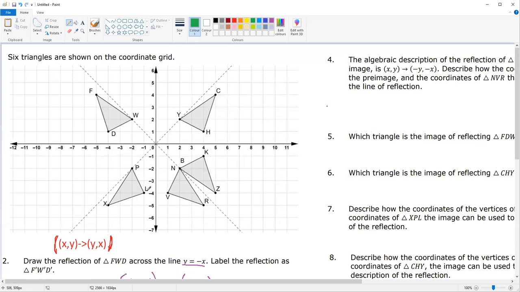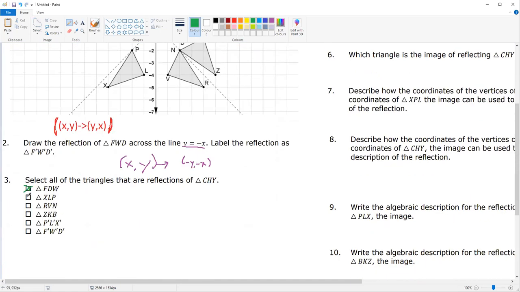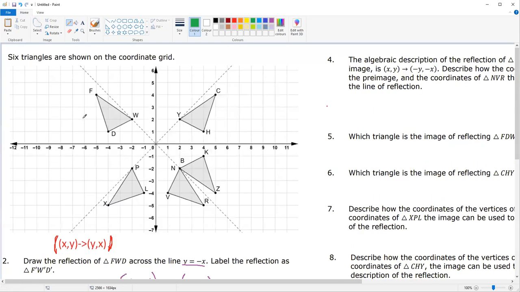How about this? It's about 1, 2, 3. This one is about 2.5, and this is about 2.5. This is about 4.5, and this is about 4.5. So this looks like it is indeed a reflection across y equals negative x.